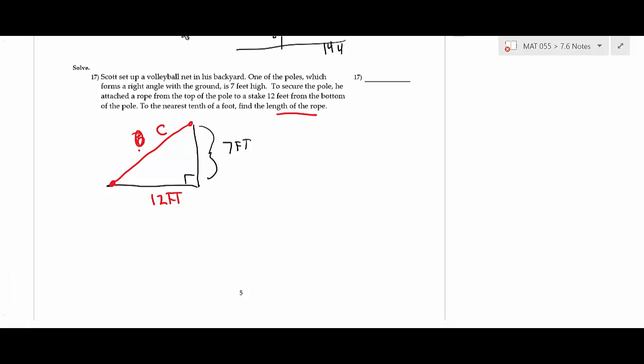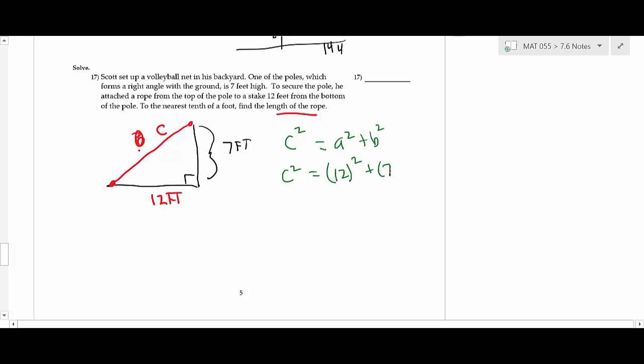So all we should have to do on this is just C squared equals A squared plus B squared. So that's going to be C squared equals 12 squared plus 7 squared. So that's C squared equals 144. Now I'm going to put feet squared there because I want to show you something about units.